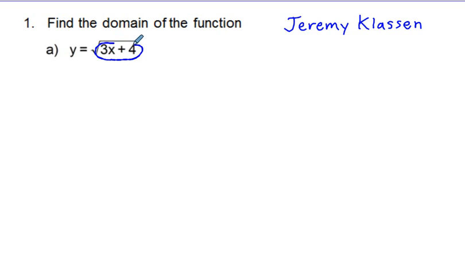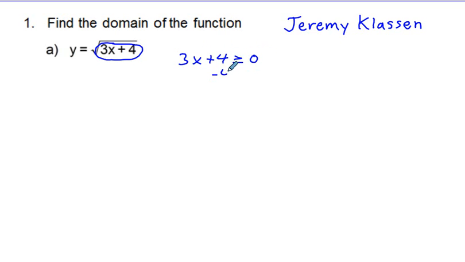So within this square root bracket we have the quantity 3x plus 4, and for what values is 3x plus 4 defined? Well, we have to have this quantity, 3x plus 4, not negative. Not negative translates to greater than or equal to 0.